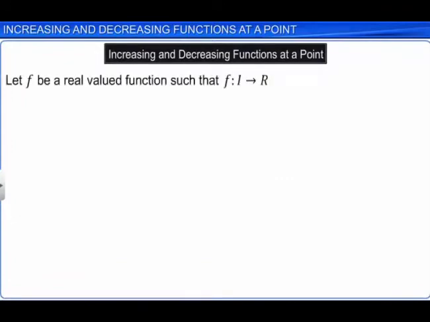Consider a real-valued function f defined on an open interval I. Let us find the nature of the function at a point x1 in the open interval I. The nature of the function at point x1 is the same as the nature of function in the open interval containing x1. Let h be a small positive real number.